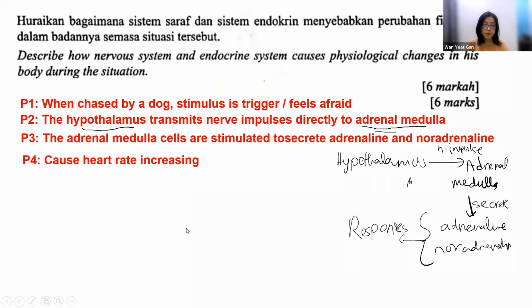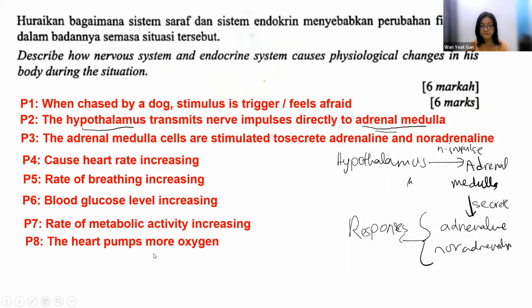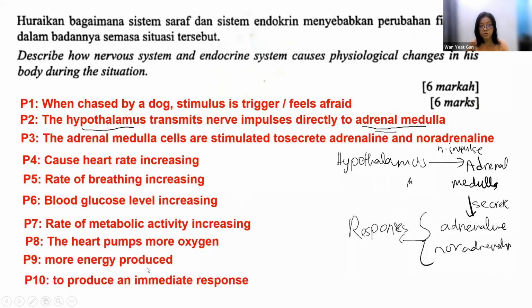The first one is heart rate increase, breathing rate increase, blood glucose level increase, rate of metabolic activity increase, so everything increases. The heart pumps more oxygen, more energy is produced, and this will produce an immediate response.